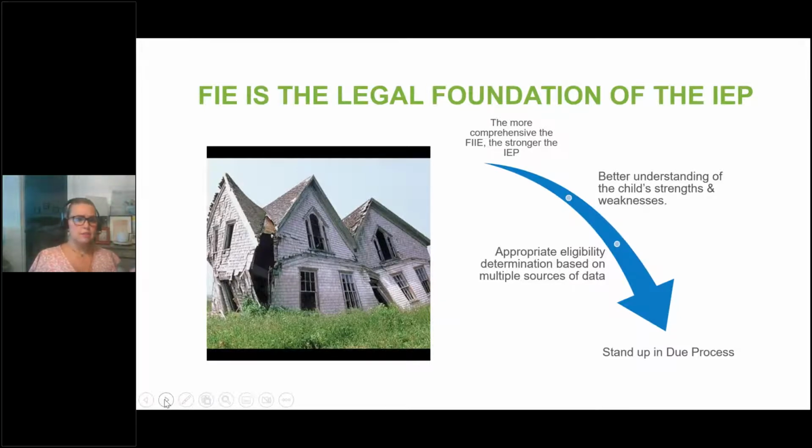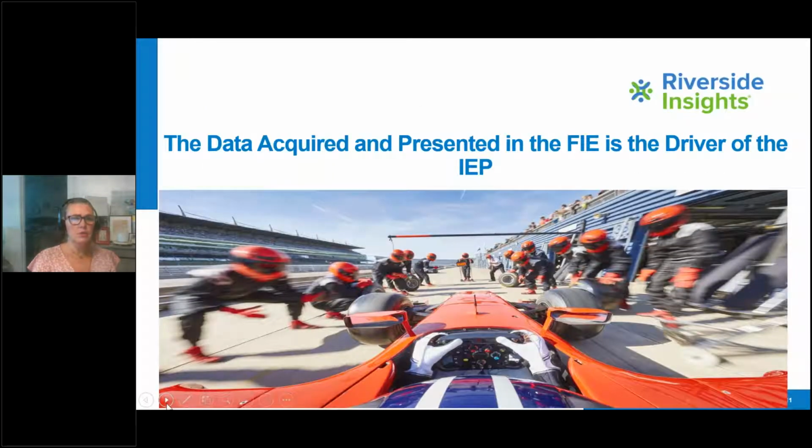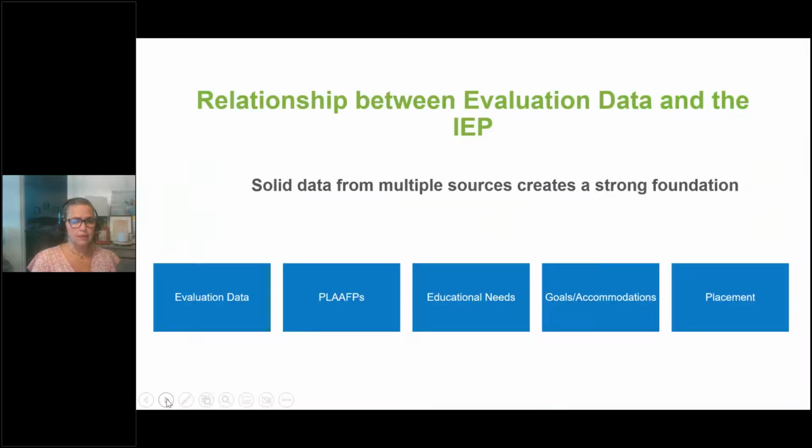And the better understanding that we're going to have of that student's strengths and weaknesses. We're going to have a more appropriate eligibility determination that's going to be based on not just scores, but on multiple sources of data, which is mandated by policy. And with that, we'll be better able to stand up in due process should we go to due process. So the data acquired and presented within the FIE should be the driver of that IEP.